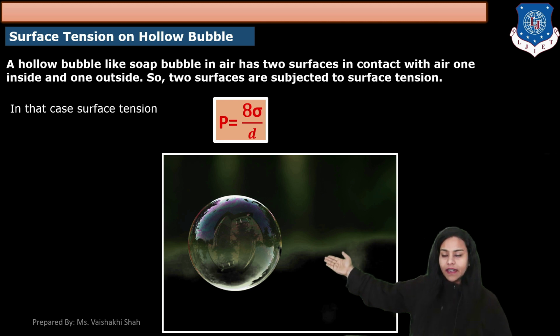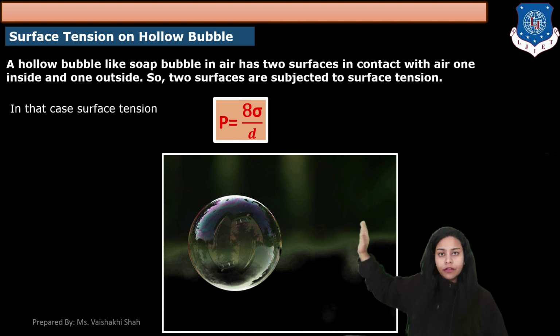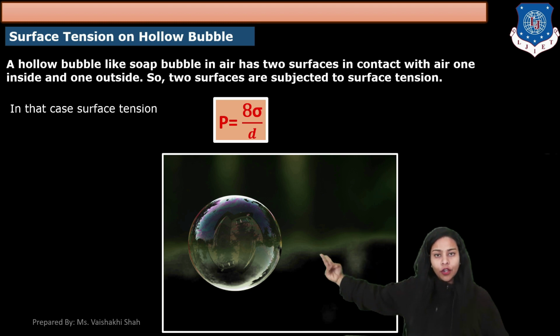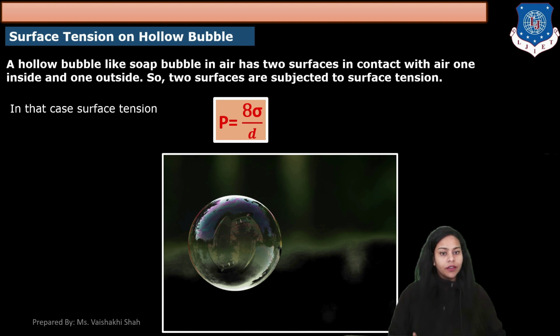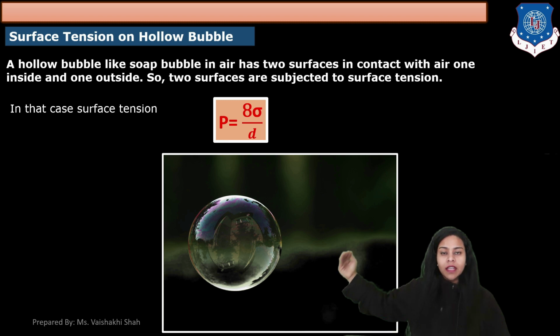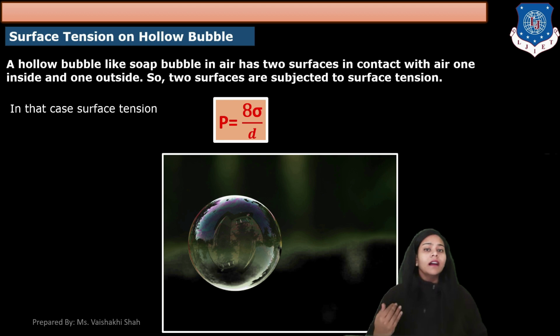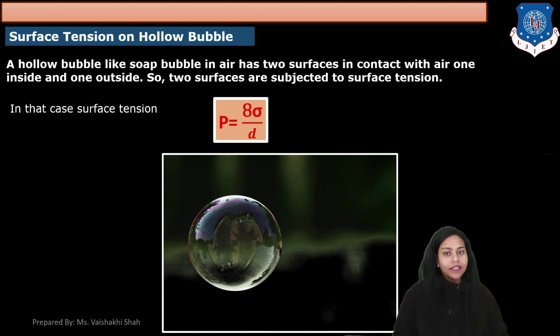As you can see in the diagram, there are two surfaces, first outside and second inside the bubble. Both surfaces are in contact with air, inside and outside. So here two surfaces are subjected to surface tension, not only one surface.